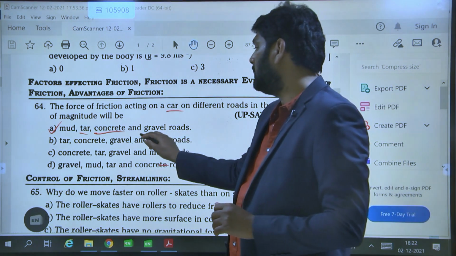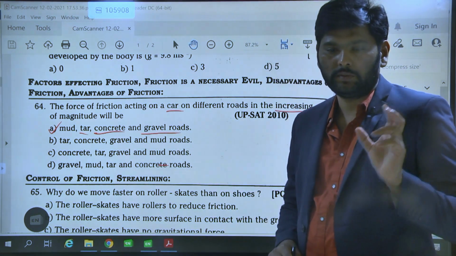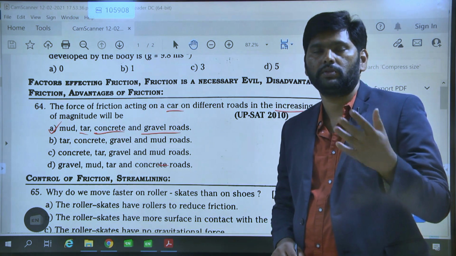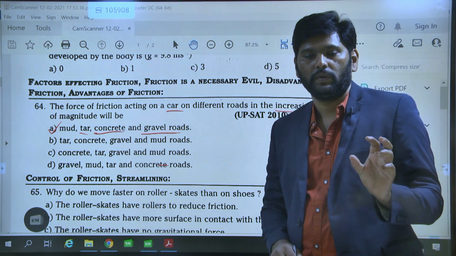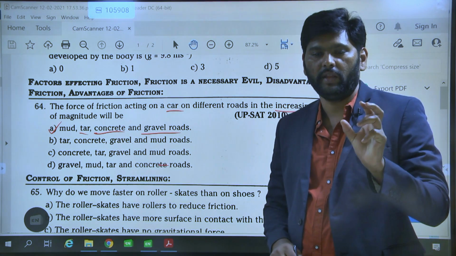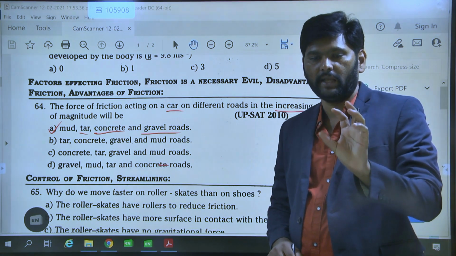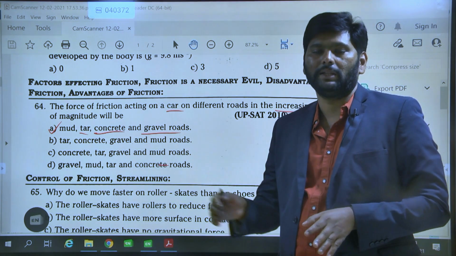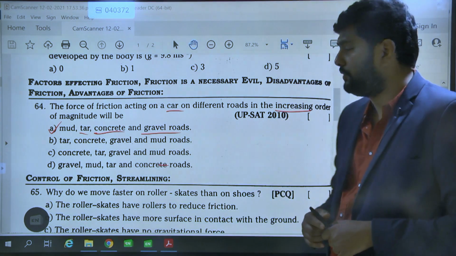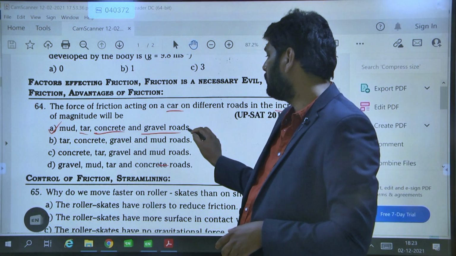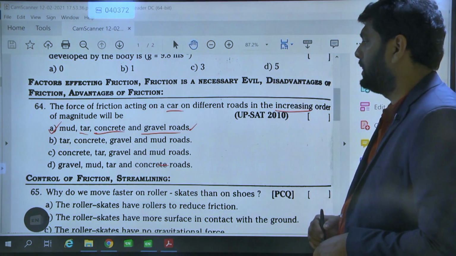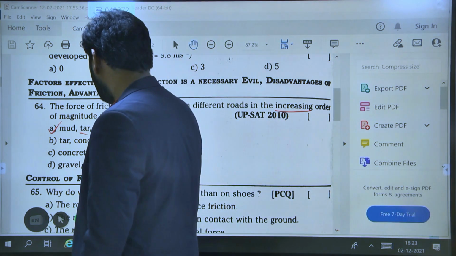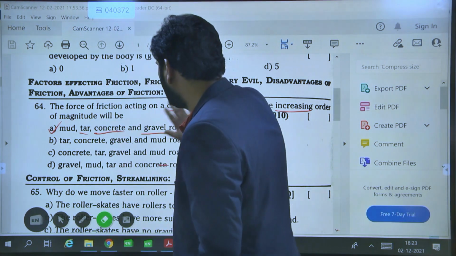Gravel road means metal road, as we generally call it. A metal road has very large stones present on the road, so it will give more friction than the others. So that would be your first option. Understand? It is a theory question, so you can put the answer.